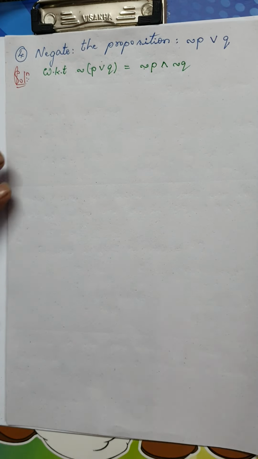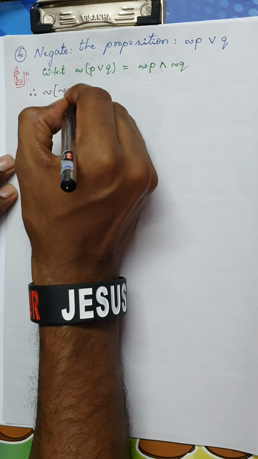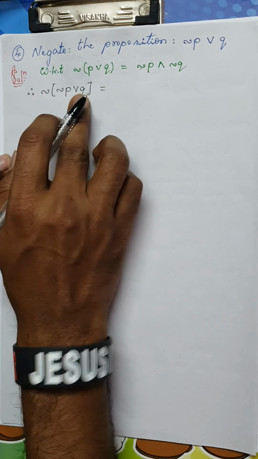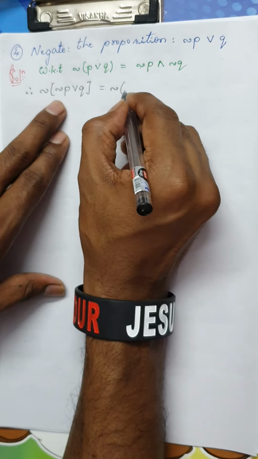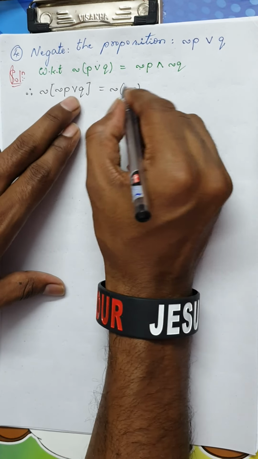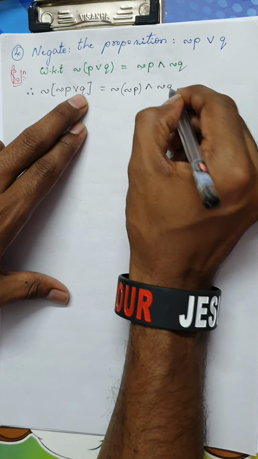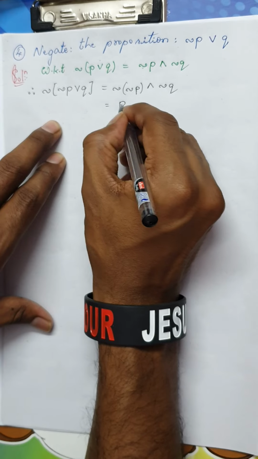Okay, so using this rule, I want the negation of negation P or Q. Using this formula, instead of P, I have negation P. So or becomes and, and negation Q is simply Q. So this becomes, we know negation of negation P is P itself.